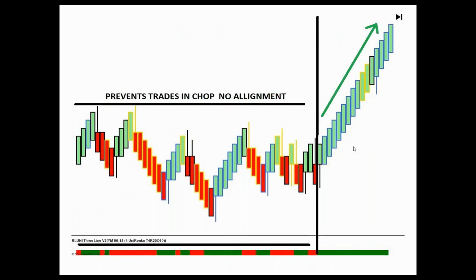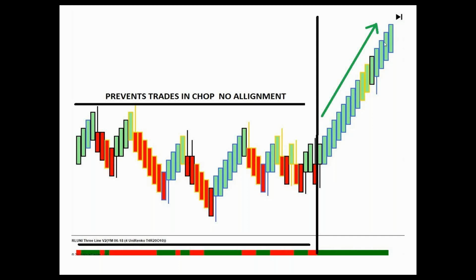When it's constantly changing color, it defines chop, and it's not going to take a trade. With one line alone, it's tough to define, but we're starting to put the components together, like the pieces of the puzzle. And you can see when the line is green, price will rise.